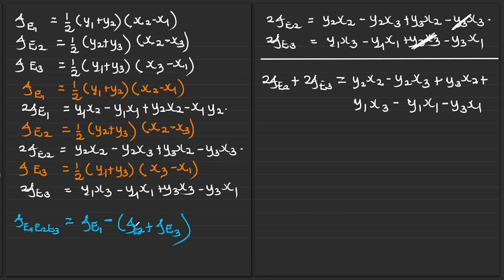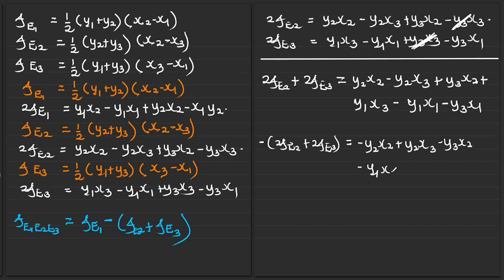That is to say, if you want to negate all we have here, we are going to negate everything here, so that we have negative of 2a of E2 plus 2a of E3 is going to be equal to, negating everything here: negative y2 x2, then if we negate this negative, it becomes positive y2 x3, then negative y3 x2, then negative y1 x3, then positive y1 x1, then a positive y3 x1. I do hope you were able to follow.